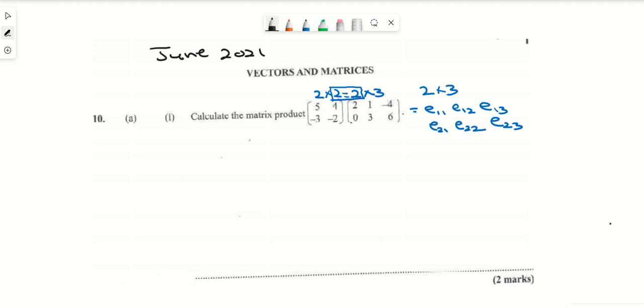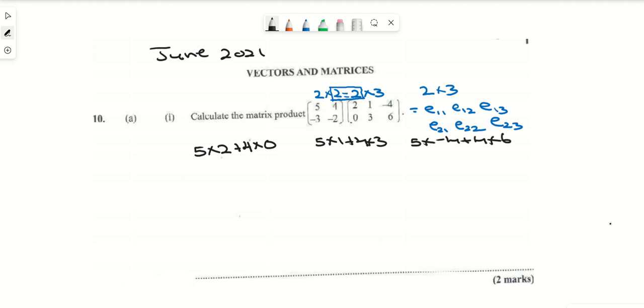Let's multiply. So it's going to be 5 multiplied by 2 plus 4 multiplied by 0. Then the next one is 5 multiplied by 1 plus 4 multiplied by 3. Then 5 multiplied by -4 plus 4 multiplied by 6.